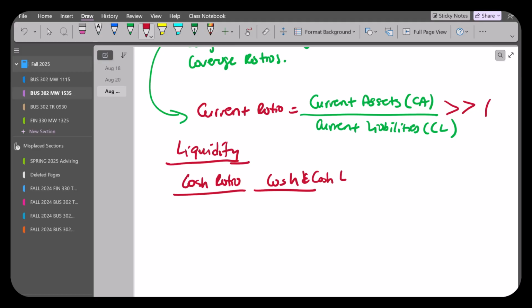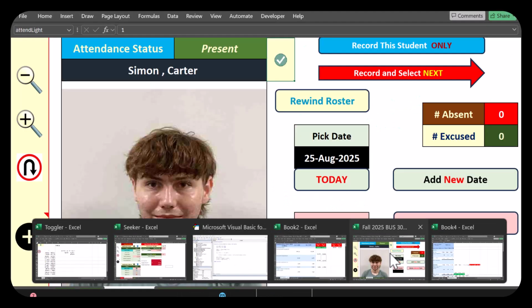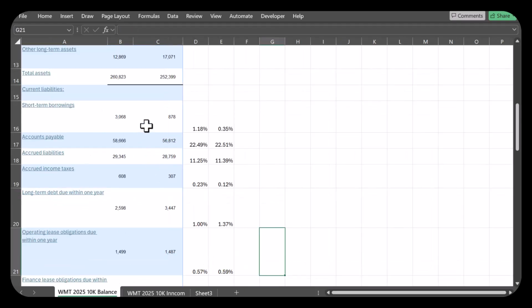It turns out Walmart is also below one. Let's look at the same number for Kroger. I don't have the balance sheet for Kroger, but you could have looked it up. Again, Walmart doesn't care.